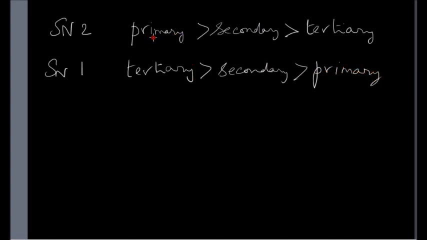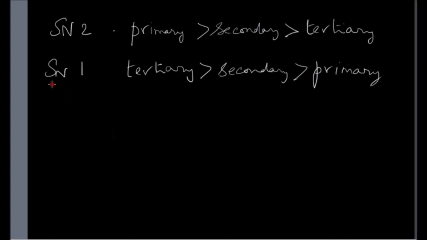In the case of SN2 mechanism, a transition state is formed. So we already saw that in the case of a tertiary alkyl halide, there will be steric hindrance. That is why it cannot form a transition state readily, and so this will be least reactive.